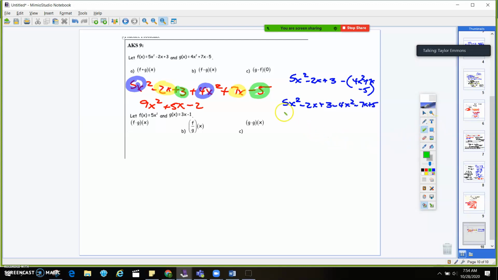And we're going to combine our like terms. So we've got 5x squared and negative 4x squared, which is going to give us x squared. Negative 2x minus 7x is negative 9x. And 3 plus 5 is going to give us 8.